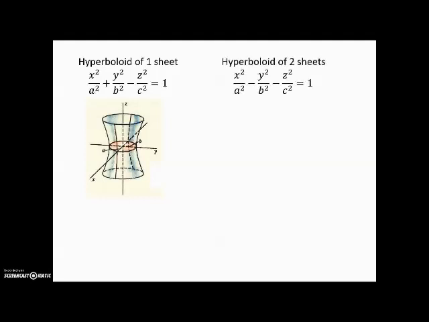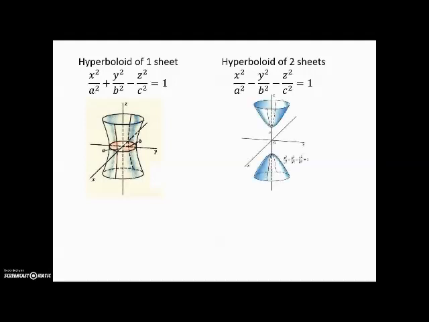Now we have a hyperboloid of one sheet. Here's what it looks like. It's one surface. Now the picture below is wrapping around the z-axis, and that actually matches the large equation above it. Notice that we're subtracting z squared over c squared. Then we have a hyperboloid of 2 sheets.